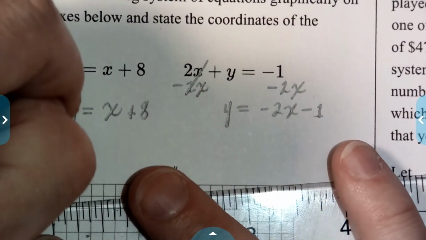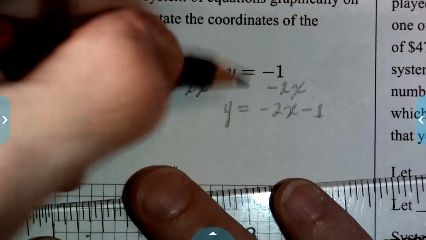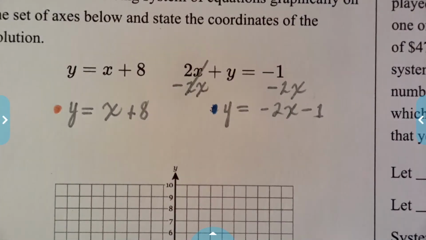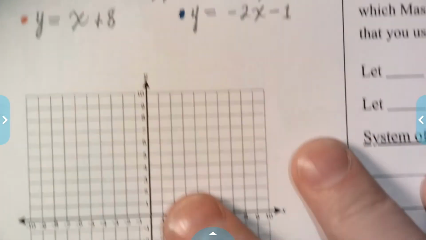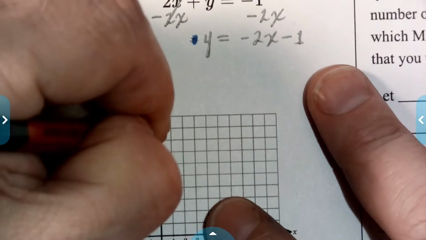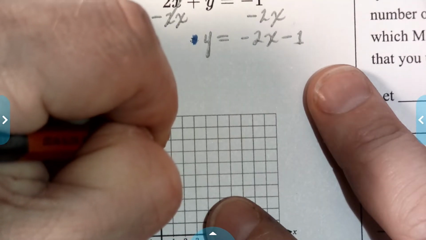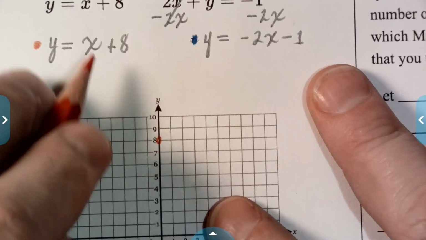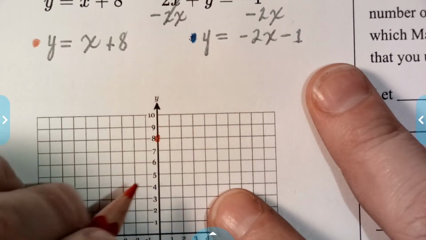And again, first in red, second in blue. So let's graph y equals x plus 8. So I've got 8 as my y-intercept. And it's x, so it's just up 1 over 1.